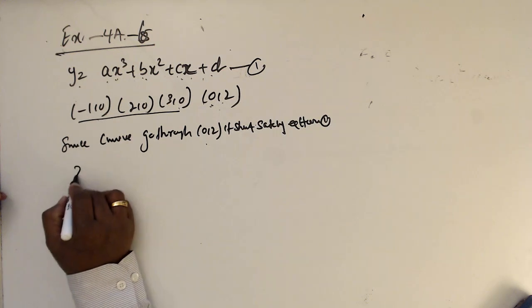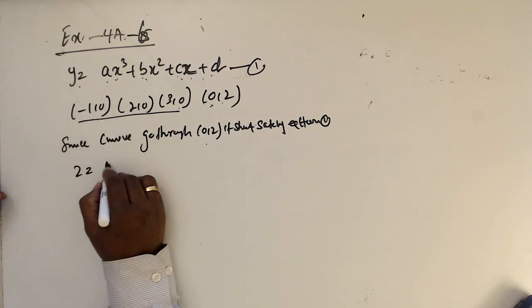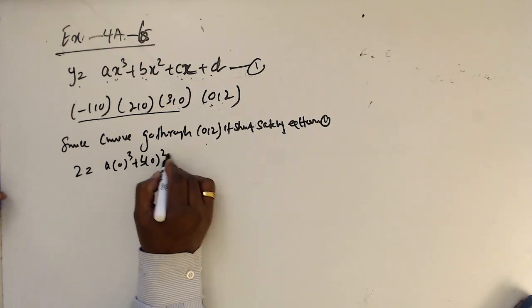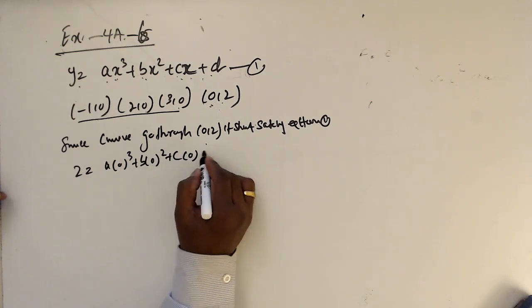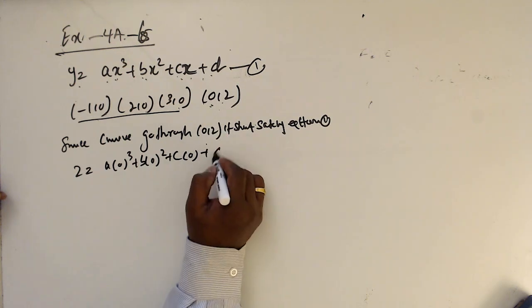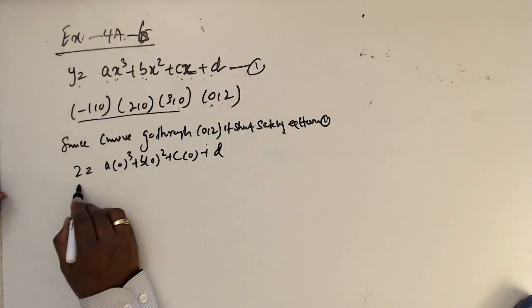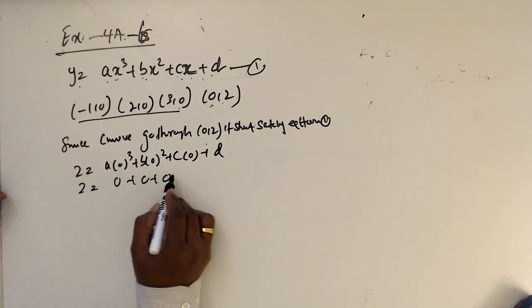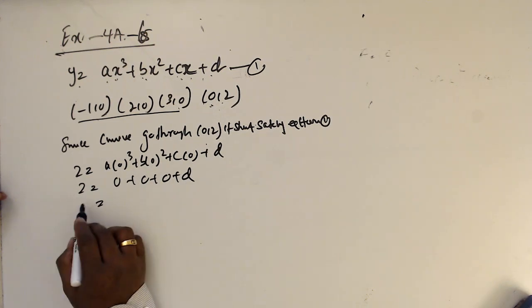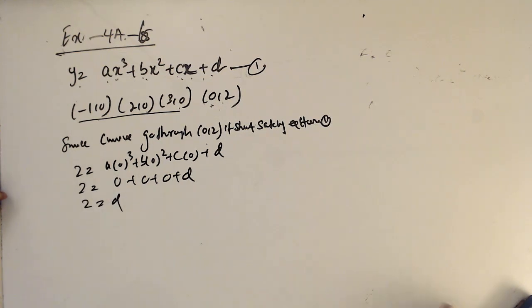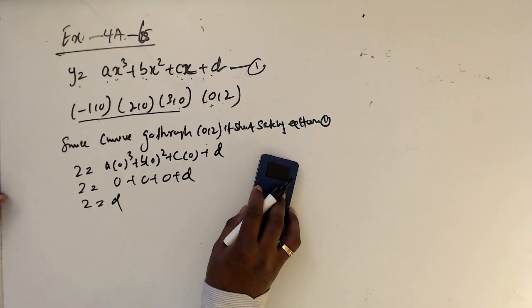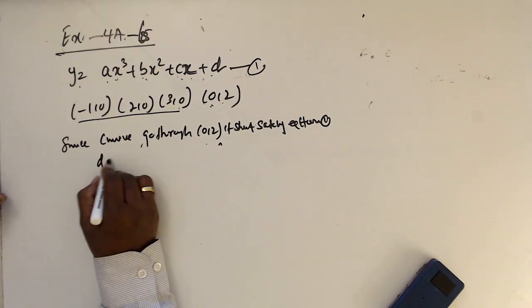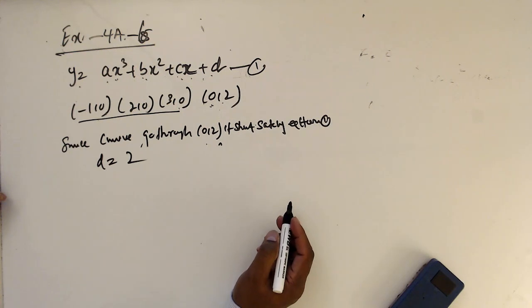The y value is 2 equals a times 0 cube, b times 0 square, c times 0 plus d. This will give 0 plus 0 plus 0 plus d. It means d equals 2. So from here you can get d equals 2.